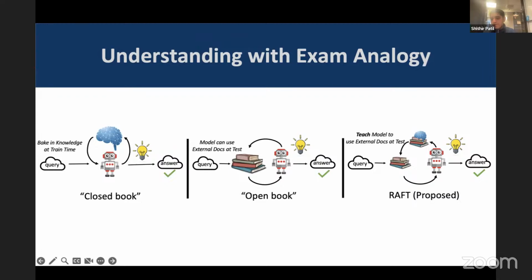So if you were to give an exam, you know exactly what to look up and answer the question. So in terms of analogy, that's our goal with RAFT, right? LLMs are going to be used to answer questions out of domain. Can we teach the LLM to read the documents that have been given to it through RAG in a slightly better fashion? So that's the RAFT setting.